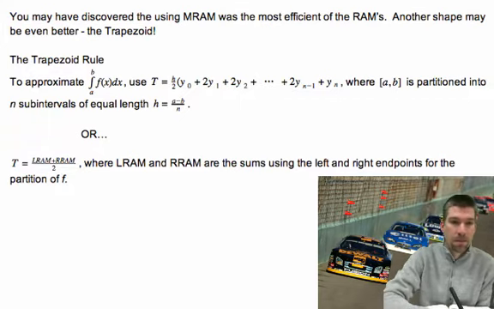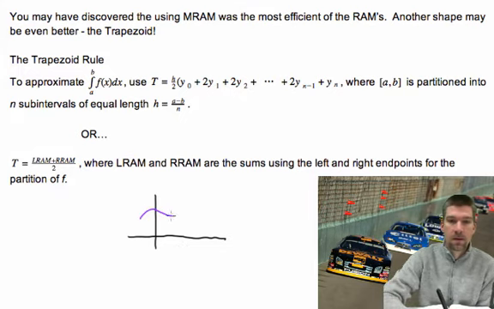For example, if we have some shape here, and I look under this shape with rectangles, then I'm going to have space above the rectangle and below the rectangle in the shape, and it's maybe not going to be a great fit.